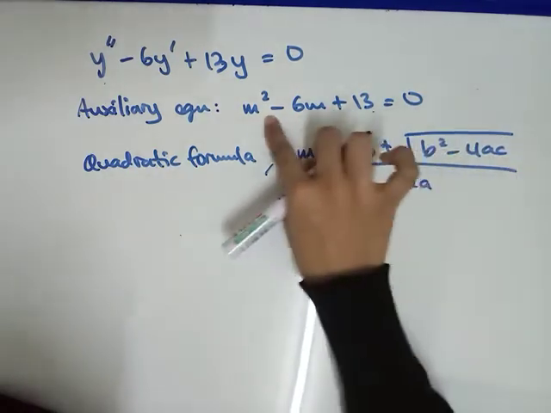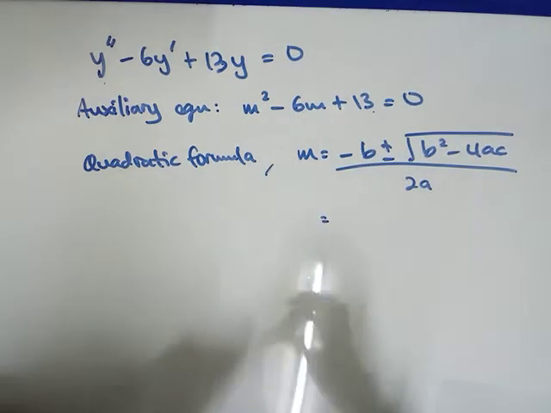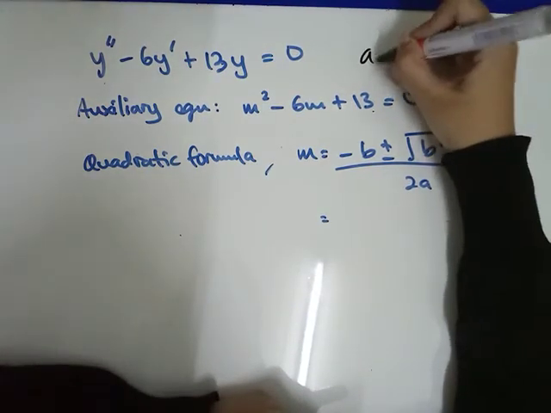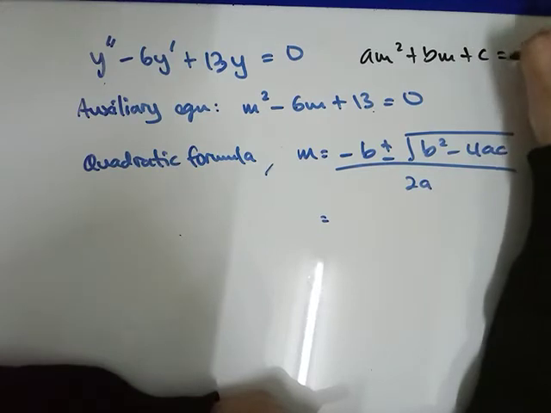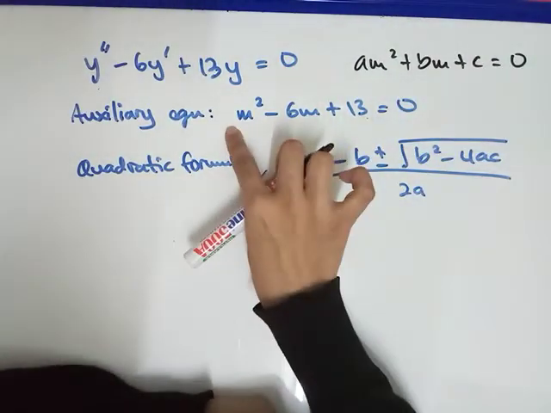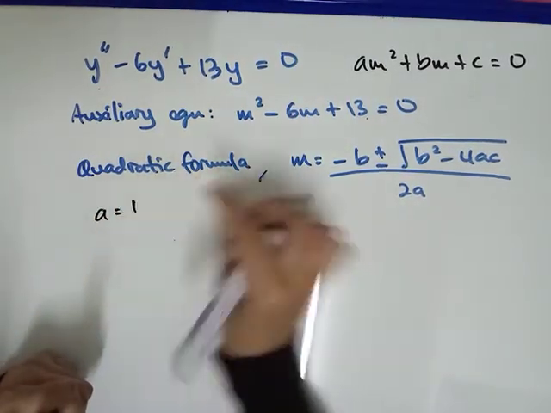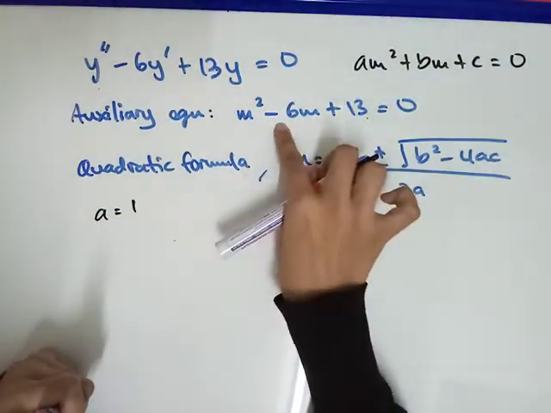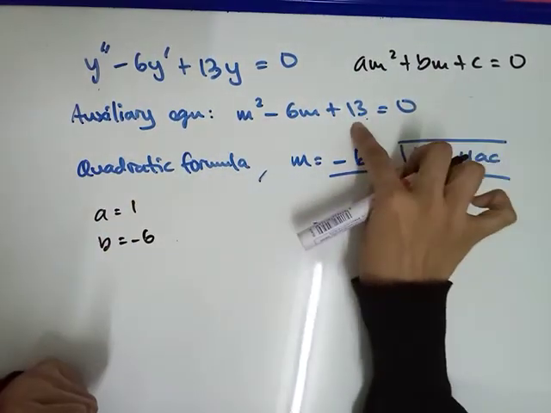Okay, look at this equation. In general form, a m square plus b m plus c equals 0, right? So we know that a is 1, b is negative 6, c is 13 here.